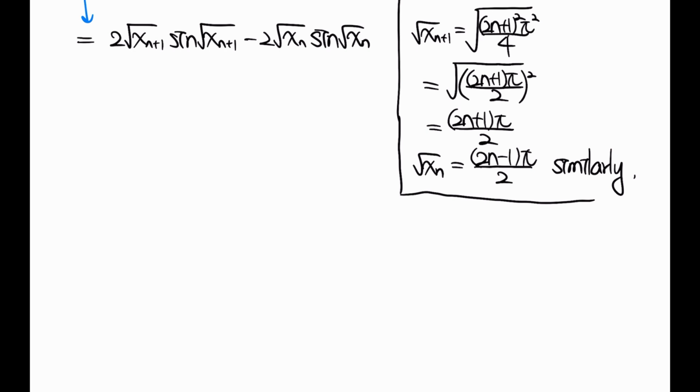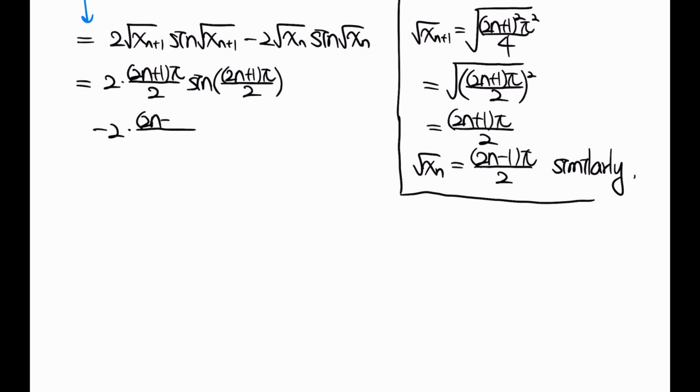So the integral now is equal to 2 times 2n plus 1 pi over 2 times sine of 2n plus 1 pi over 2, and then minus 2 times square root xn, which is 2n minus 1 pi over 2, times sine of this term, so sine of 2n minus 1 pi over 2.